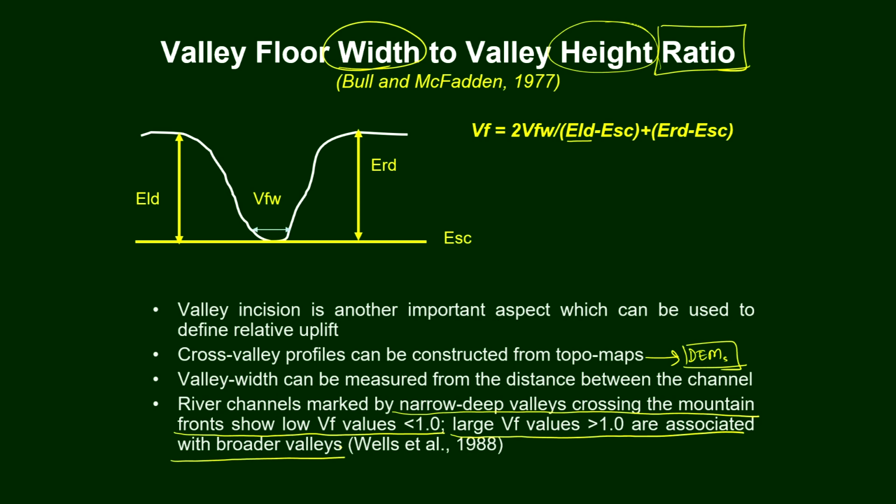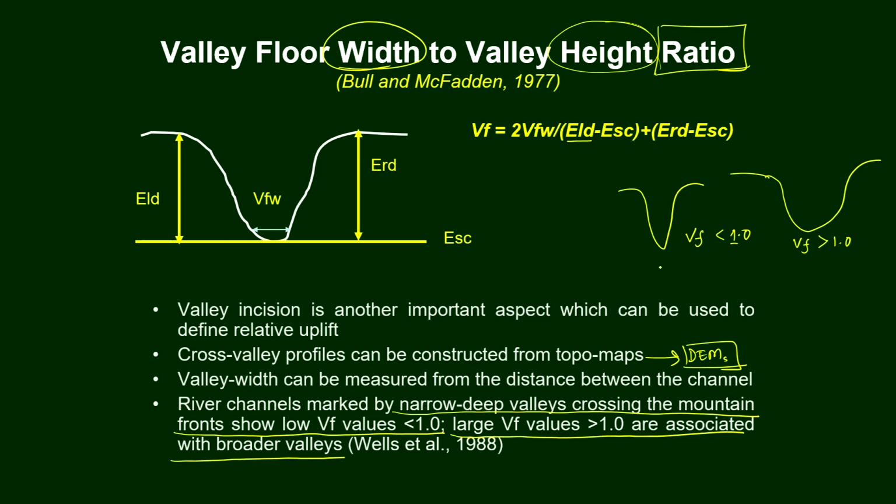So, if you have V-shaped valleys, Vf will be less than 1, and if you have wider valleys, rounded or U-shaped broad valleys, then Vf will be greater than 1.